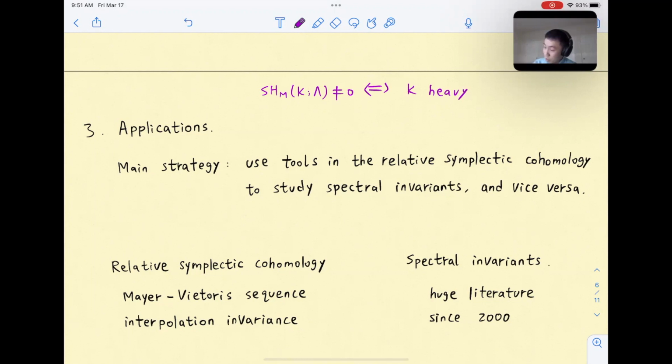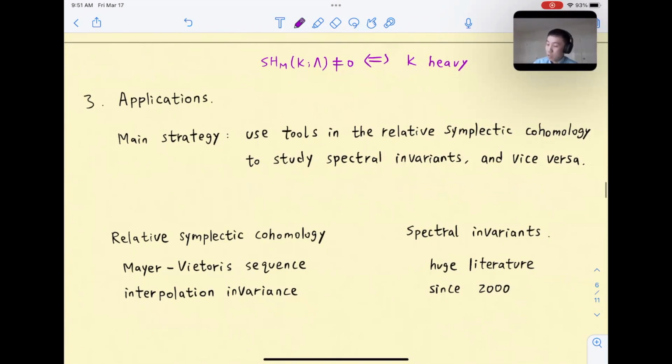So that's the main theorem. Suppose we have this equivalence, what can we do? The main strategy is to use this equivalence to study both sides. In other words, we can use the tool on one side to study the other side.